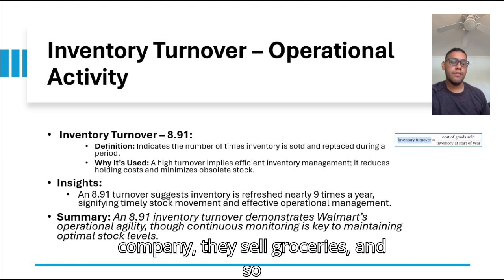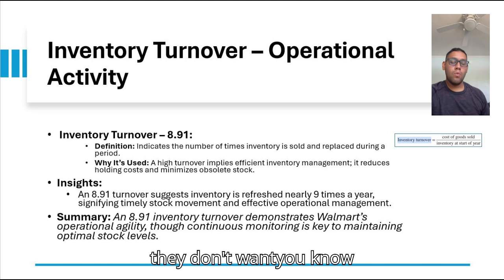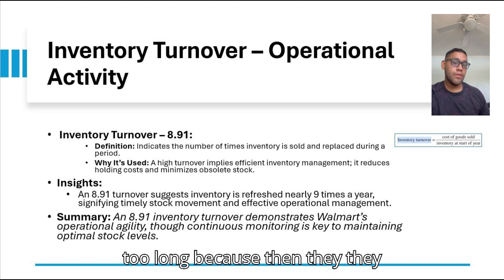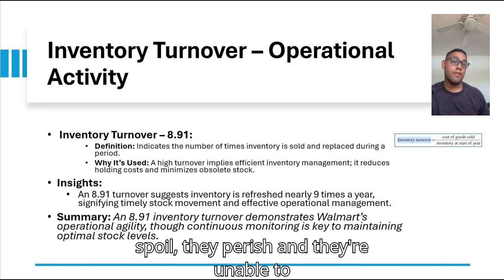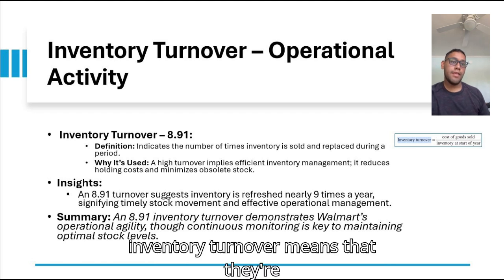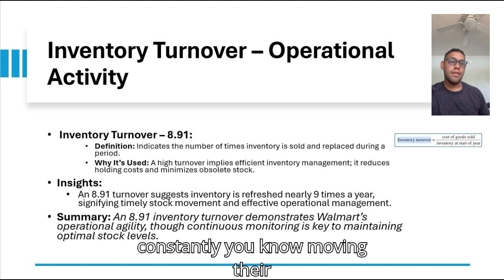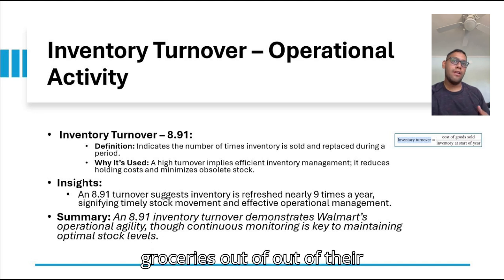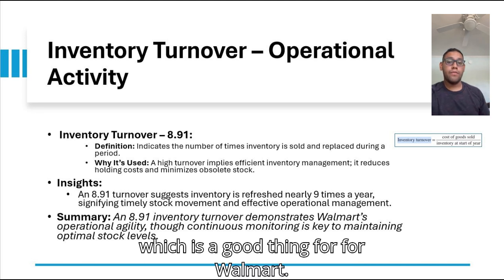They sell groceries, and so they don't want groceries staying in their warehouses for too long, because then they spoil, they perish, and they're unable to sell their product. And so the fact that Walmart has a high inventory turnover means that they're constantly moving their groceries out of their warehouses and selling them, which is a good thing for Walmart.